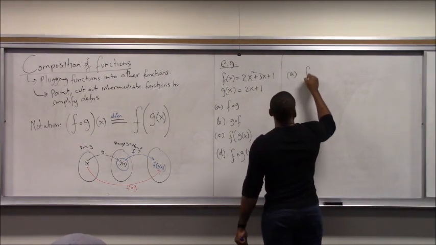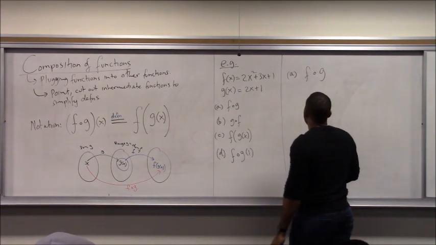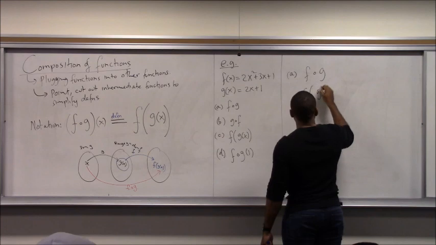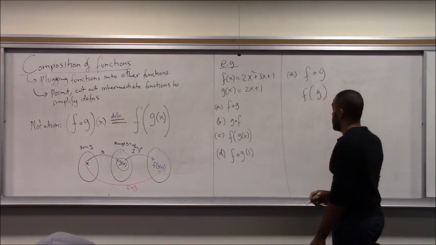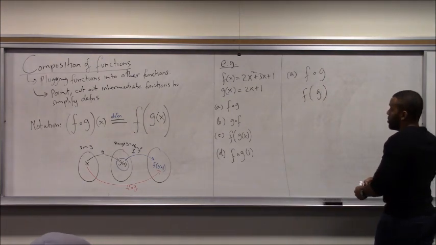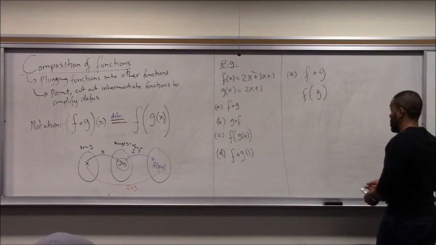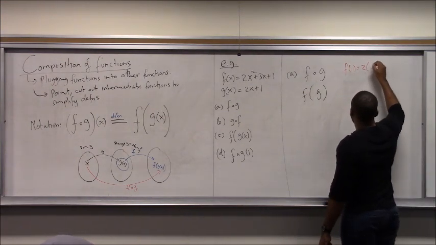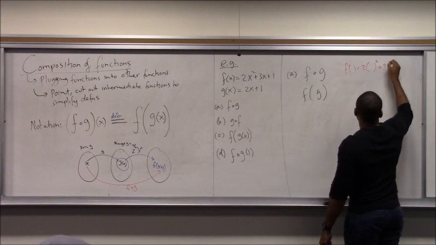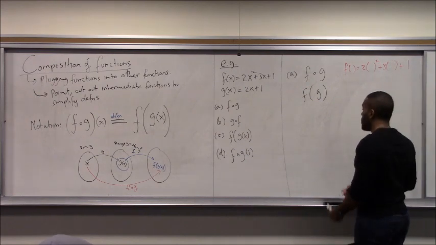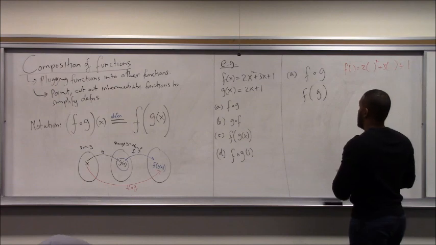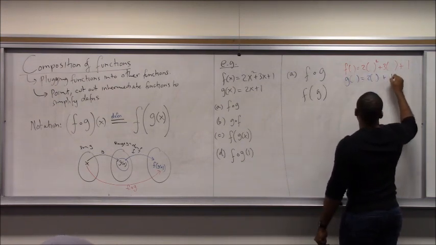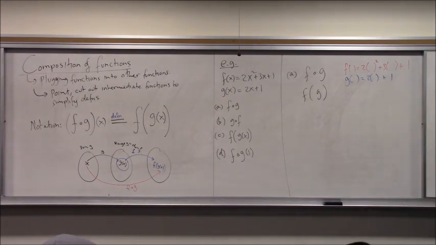So for part A, f of g means we're going to take f and plug the g inside of it. Okay? So again, remember how we're thinking of the f here, as something like this, and we're thinking of the g as an object like this. The x's are just placeholders.